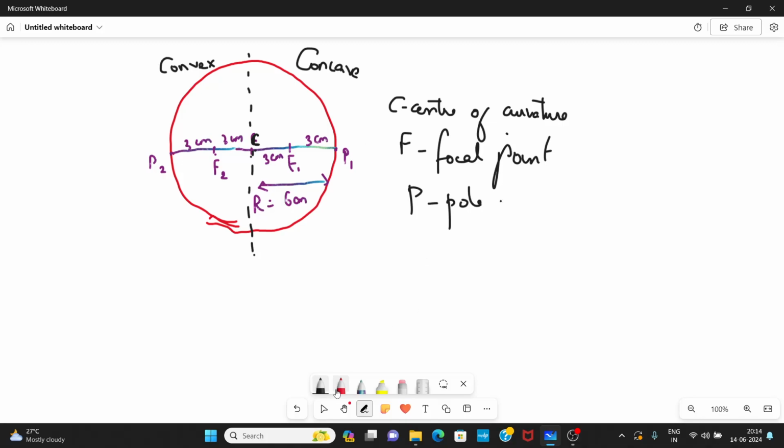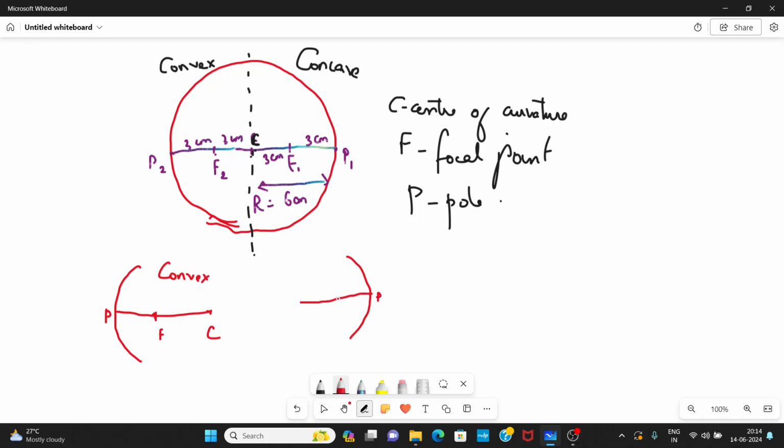So if I redraw the circle for the concave and convex separately, convex mirror has a pole, focal point F, and a center of curvature. For concave, yes, you have all the three.